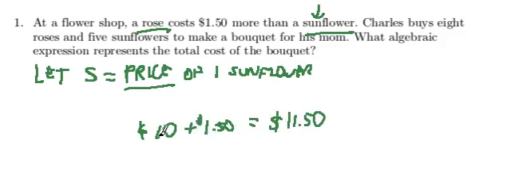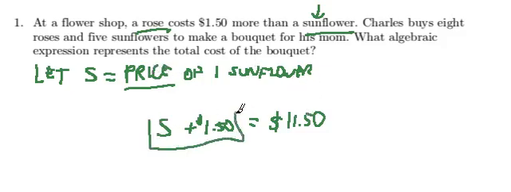And now that I've tricked my brain into telling me what I would do, I can recognize that this whole time 10 was an imposter. 10 was just a made up number I threw in there. I'm going to get rid of 10 and replace it with the variable that I randomly made 10 up to replace, and that was S. That $10 was just the price of one sunflower.